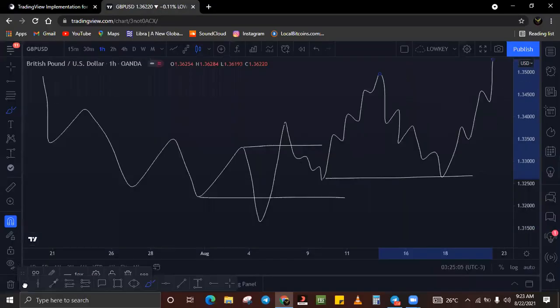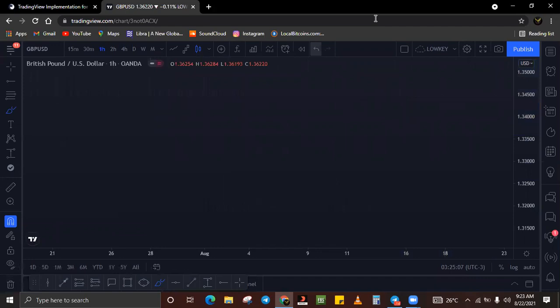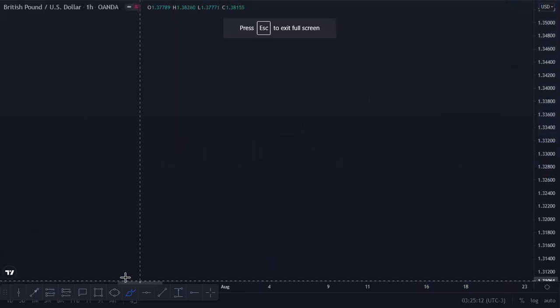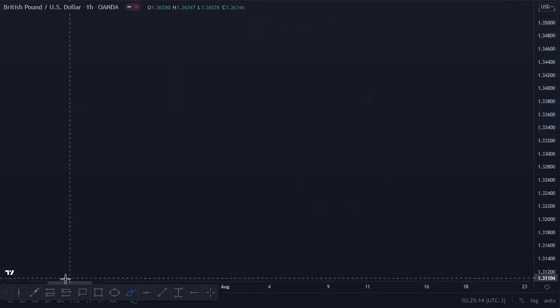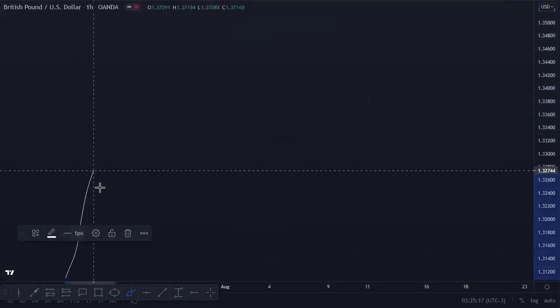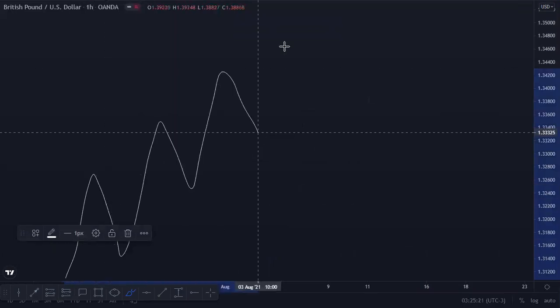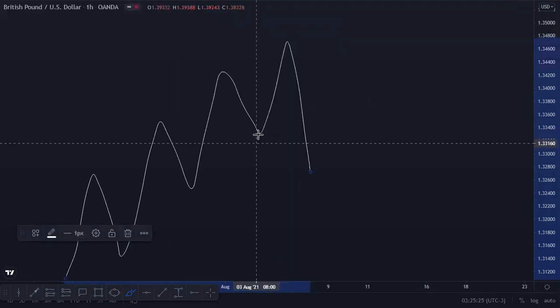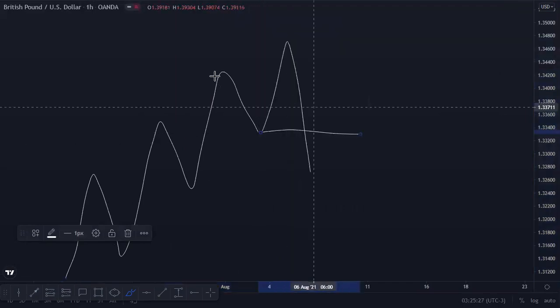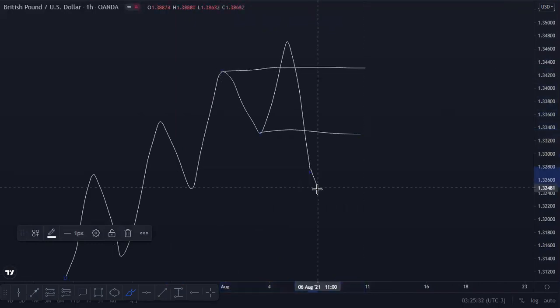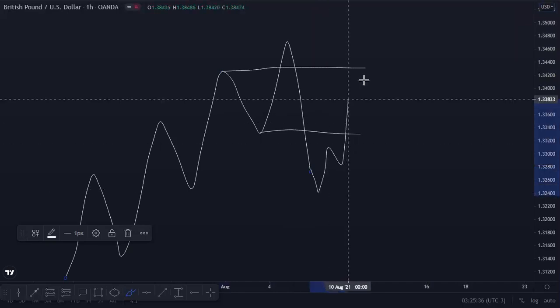Let's look for an example for an uptrend. So let's say we're in an uptrend, creating a series of higher highs and higher lows. Then price breaks our structure. After price breaks our structure, we usually anticipate for price to come to retest our invalidation point, but price does not respect our invalidation point, then price creates a reversal.